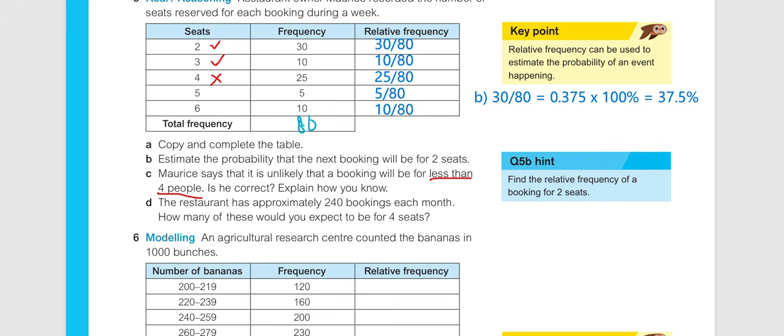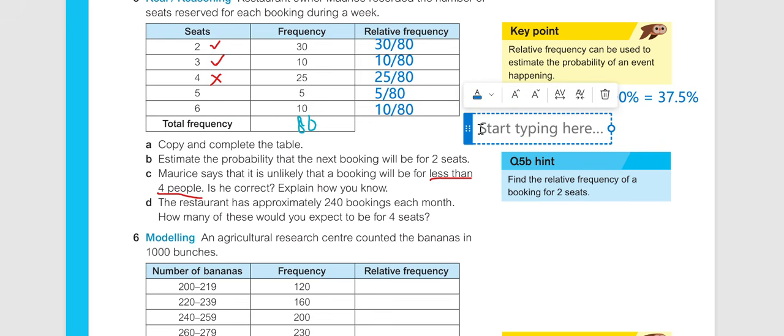Let's take it here. C. How do you write it? Now which two we have to take? These two, right? In total how much? 40. 40 upon what's the total frequency? 80, right?